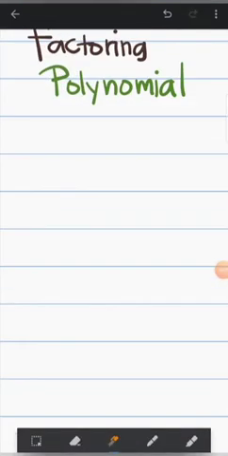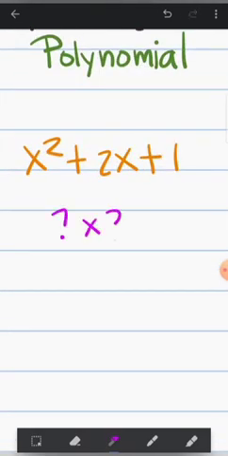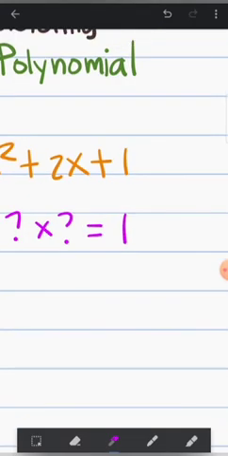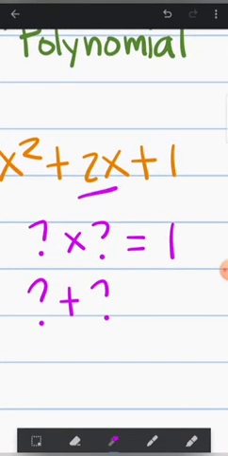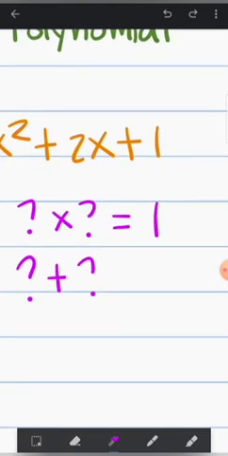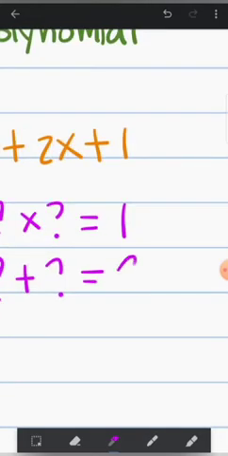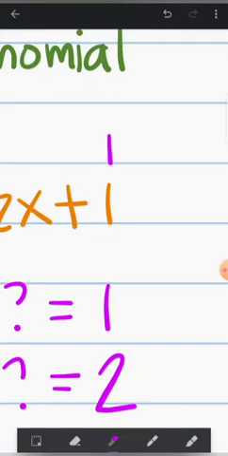So suppose we have this example, x squared plus 2x plus 1. What are two numbers that when we multiply together will give us the constant, which is 1, and then if we add together will give us the coefficient of the linear term, or the 2x, which is 2? First, think of factors of 1.